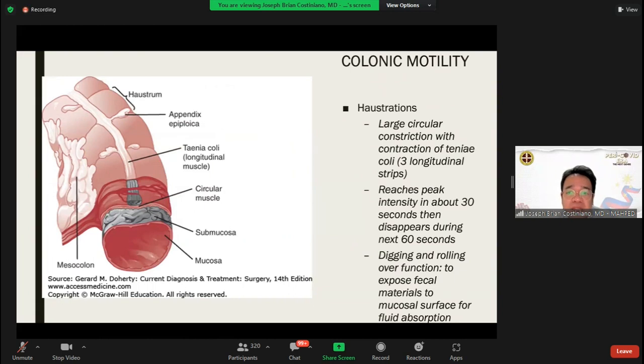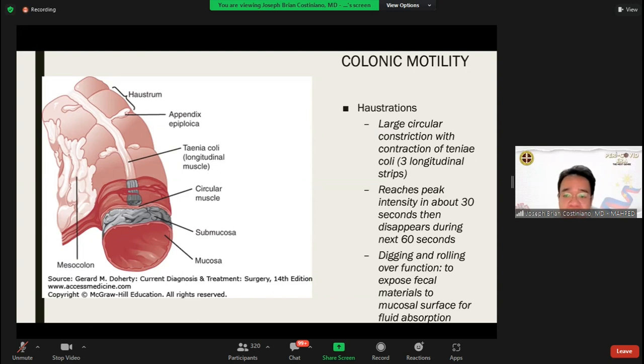Your colonic motility is primarily determined by actions of your haustrations. These haustrations are large circular constrictions because of your taenia coli, which are three longitudinal strips of muscle, in which it reaches peak intensity in about 30 seconds, then will disappear during the next 60 seconds.